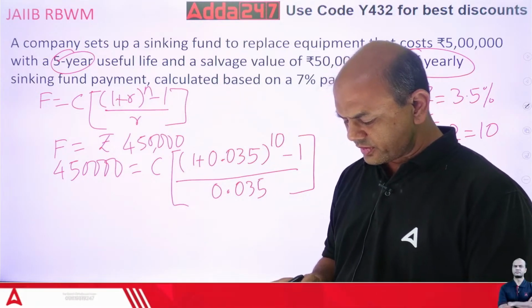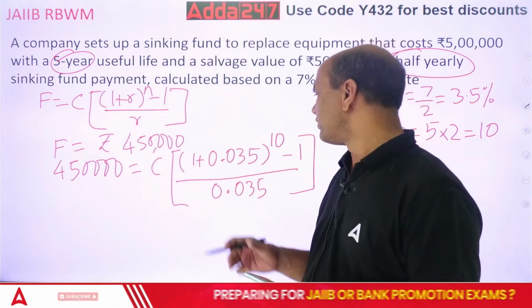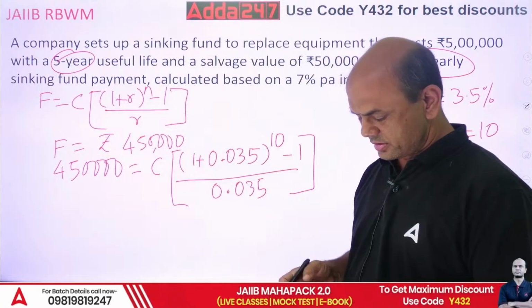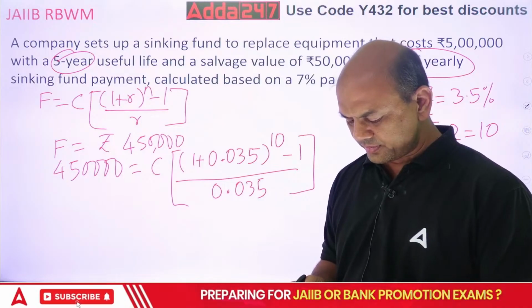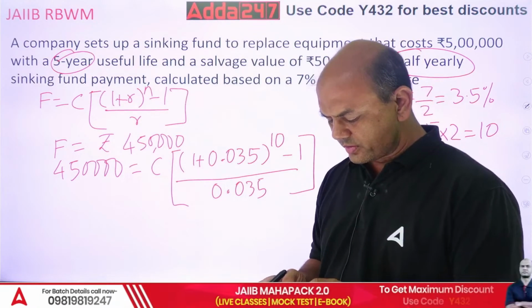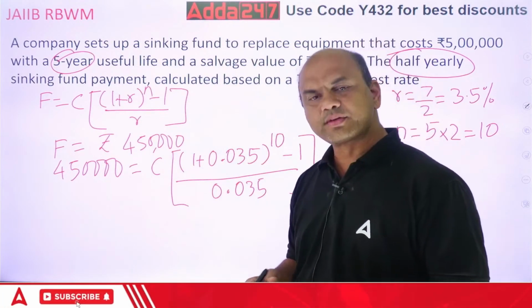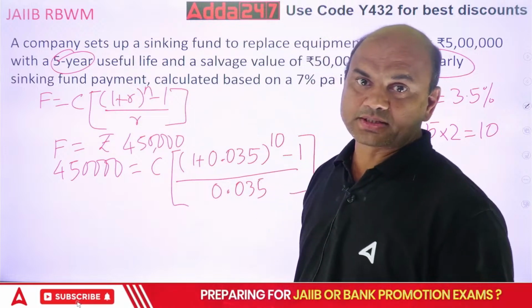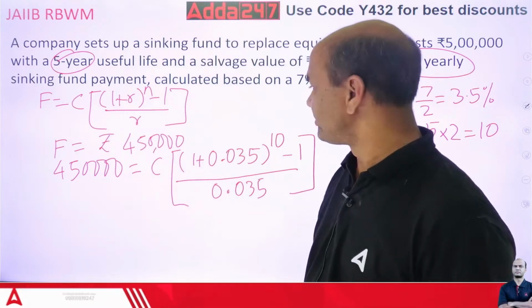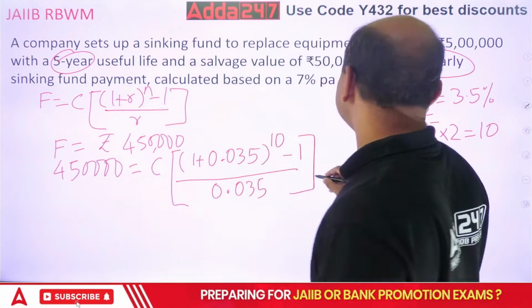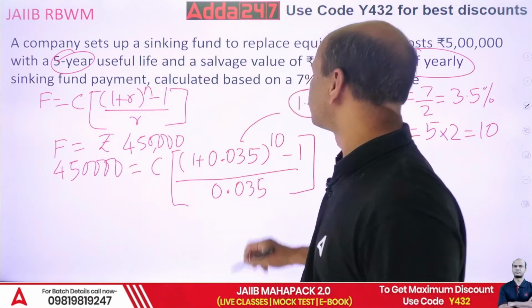So what are you getting? Type in the comment section, everyone. You must get this as 1.41. So this is your answer, 1.41.